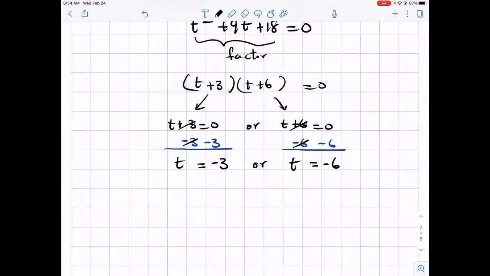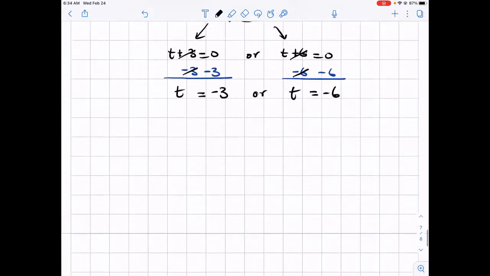So don't forget, we have to check, right? So we have to check t equals negative 3, okay? And we also have to check t equals negative 6, because they may both work, or only one of them will work, or none of them will work. So you have to check.